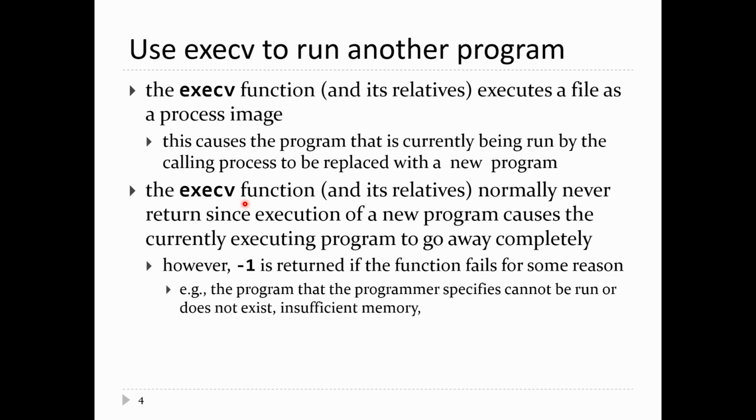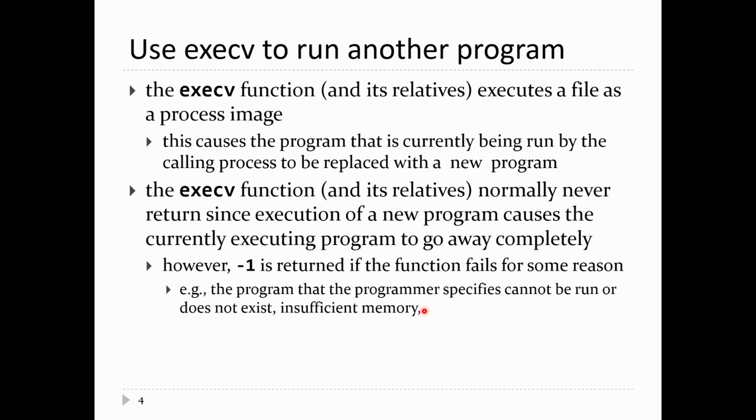Now, it normally never returns a value. It doesn't make sense to return a value because it's going to replace the entire contents of your current program with another program. So even if it returns a value, there's no way that the current program can make use of it. The only time it returns a value is when it fails for some reason.